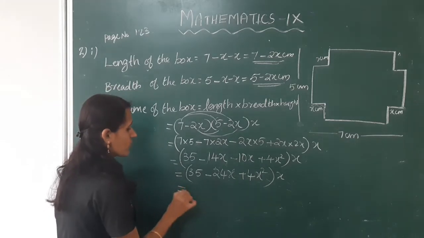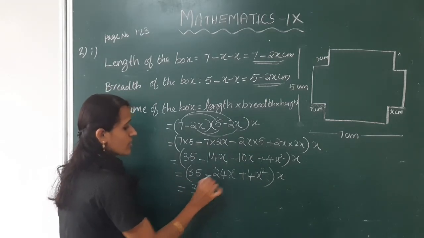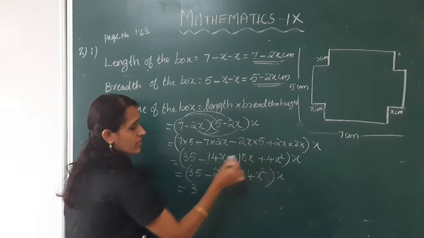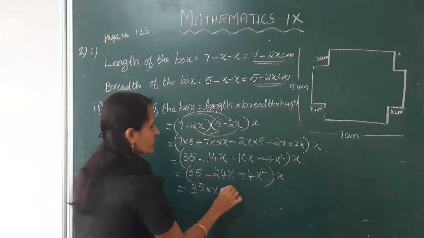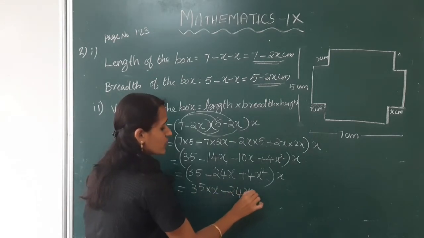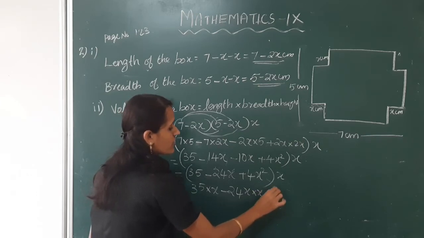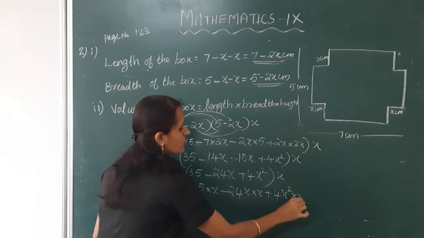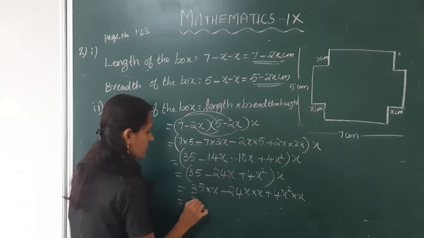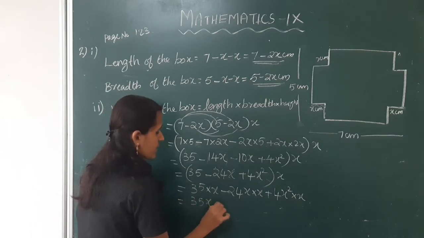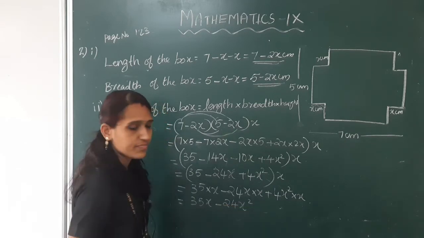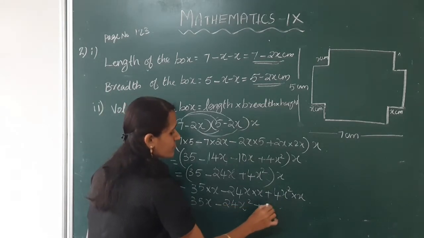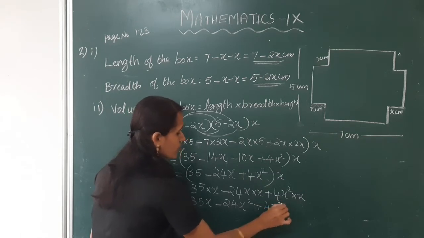Okay, this is equal to, multiply these two terms, 35 into x minus 24x into x plus 4x square into x. This is equal to 35x minus 24x square plus 4x cube.